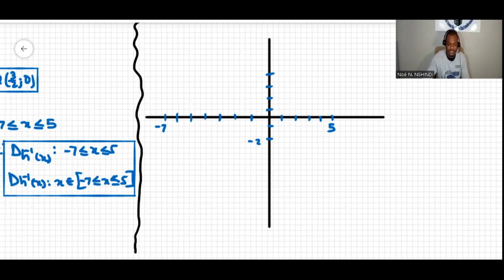I know that the lowest limit will be here and the highest will be there. Now I have to connect these points. They connect here, and these also connect over here.